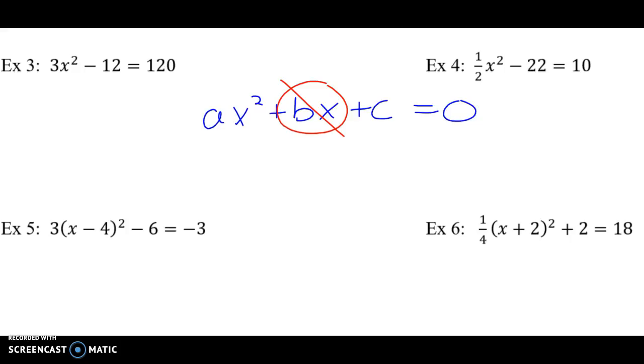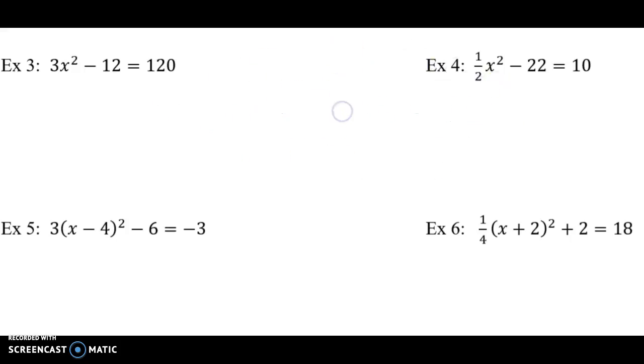Let's do example 3. So what do I need to do first on example 3? Add 12. So we get 3x squared equals 132. Divide by 3.